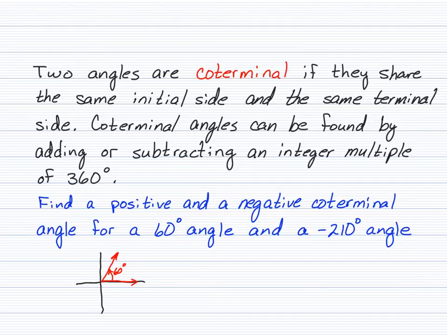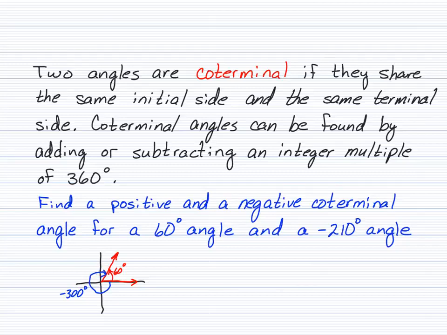Let me do this in a different color. If you rotate this way, that would be negative 300 degrees. Those are coterminal angles. The 60 degrees and the negative 300 are coterminal because they have the same initial side and the same terminal side.